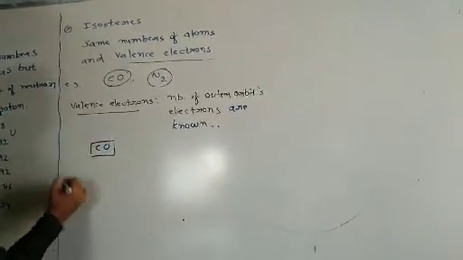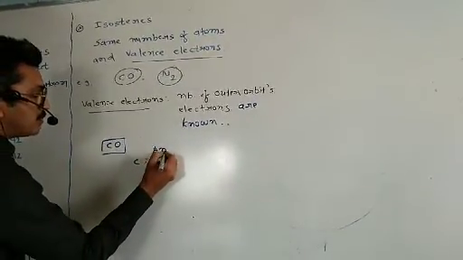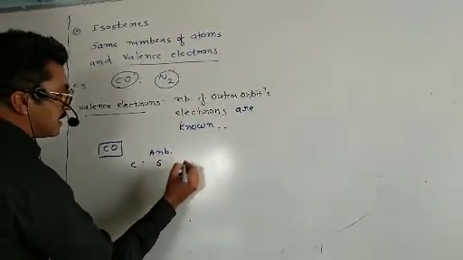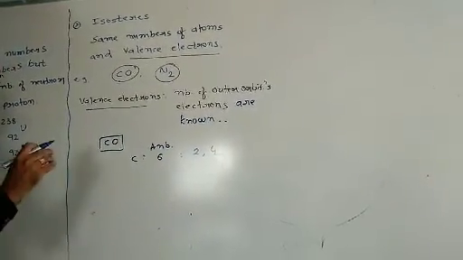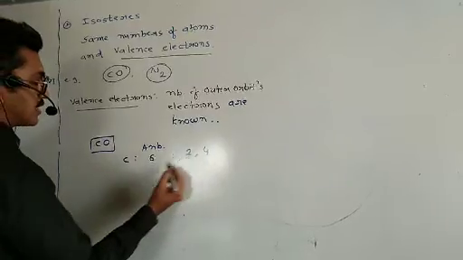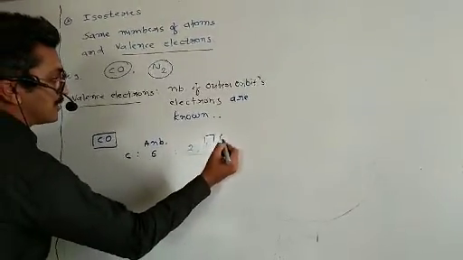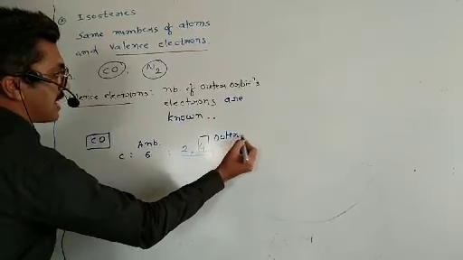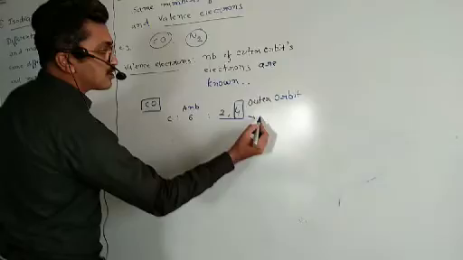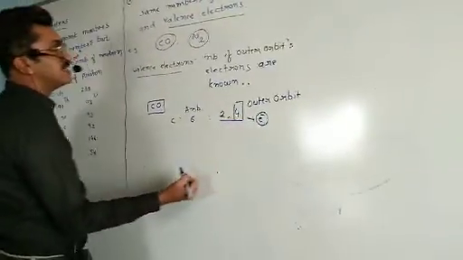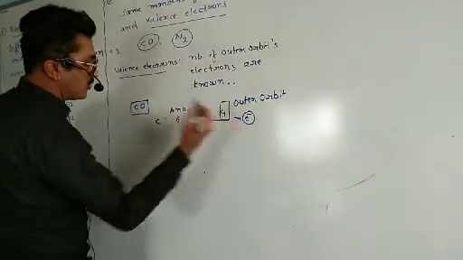Now the example of valence electrons. Carbon monoxide is here, CO. The atomic number of carbon is 6 and its electronic configuration is 2,4. I think all the students know this. This is the outer orbit, and there are 4 electrons present in the outer orbit.